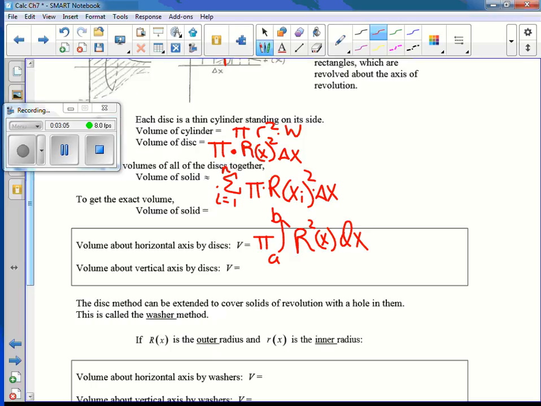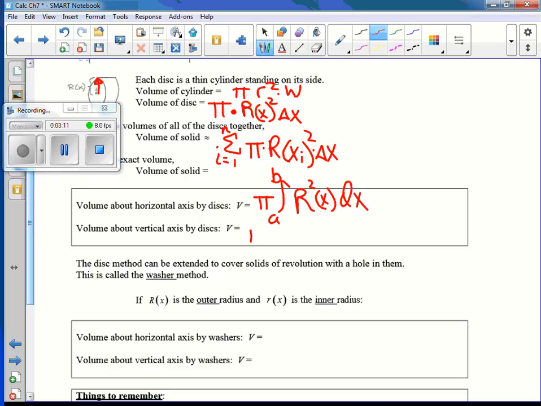That gives you the volume about a horizontal axis by disks. Whenever you do it vertically, it gives you pi times the integral from a to b, but this time in terms of y, so I'm going to fit a little y in here. This is a function in terms of y, and that one gives you the volume about a vertical axis.